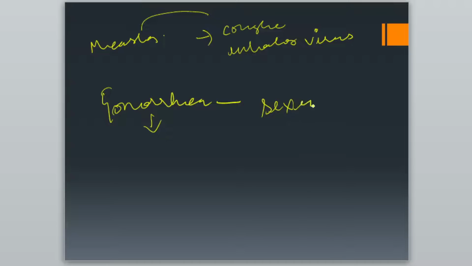In gonorrhea, you need sexual contact between an infected and a non-infected person, whereas in measles, only the cough and sneeze droplets do the work. Clear, this is the difference between contagious and highly contagious disease.